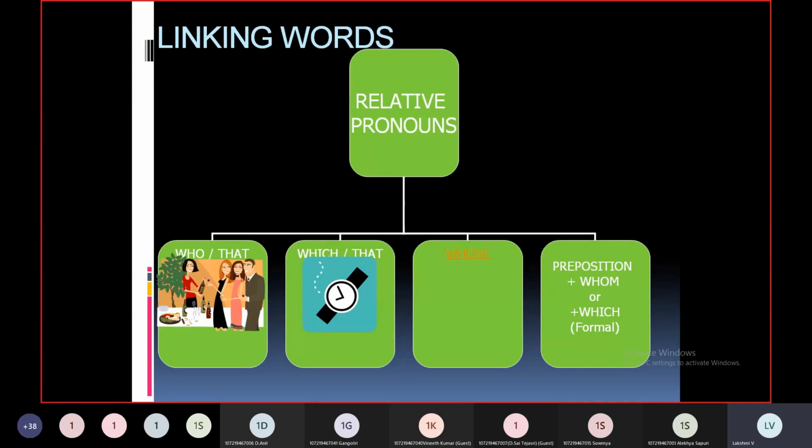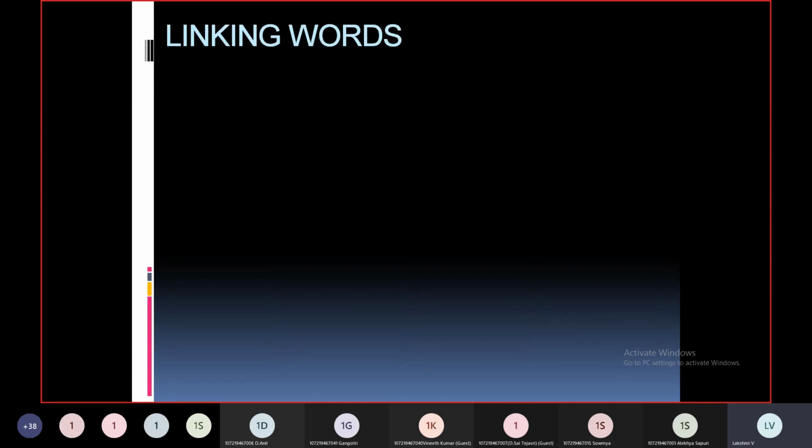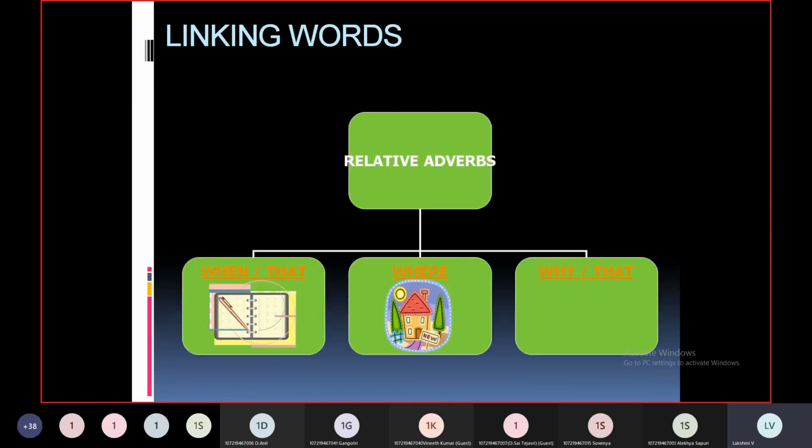So to get the information of these, what link words do we use? The link words we use are the relative adverbs when, where, why. If we want to know about the time, then we use the relative adverb when.